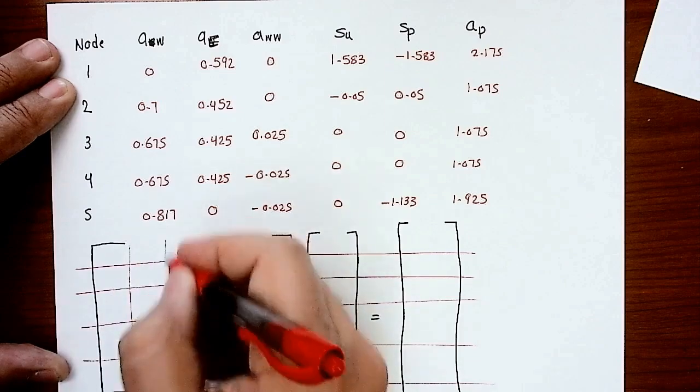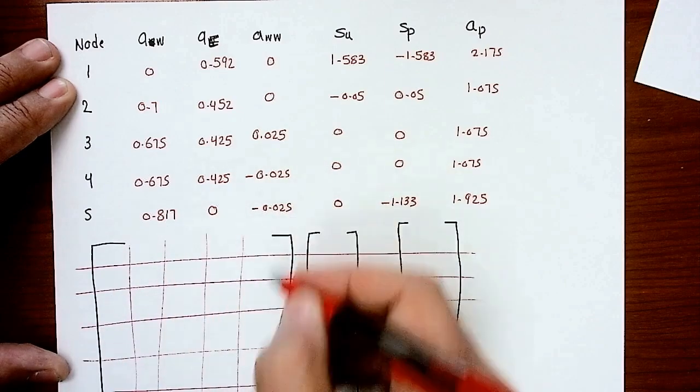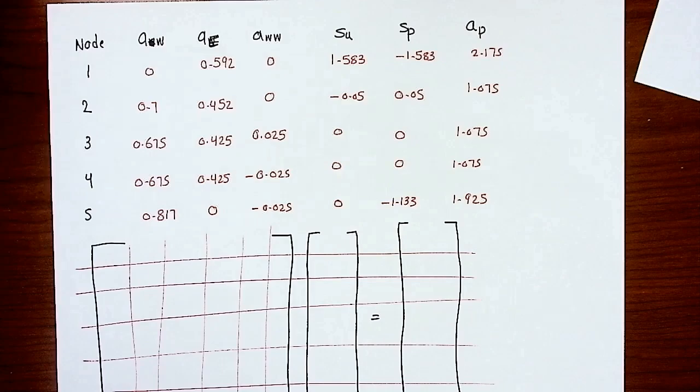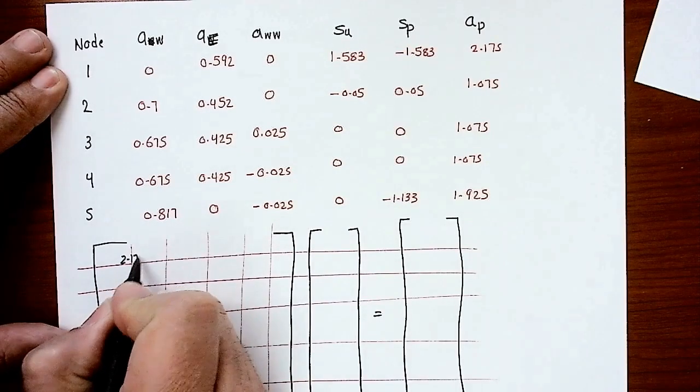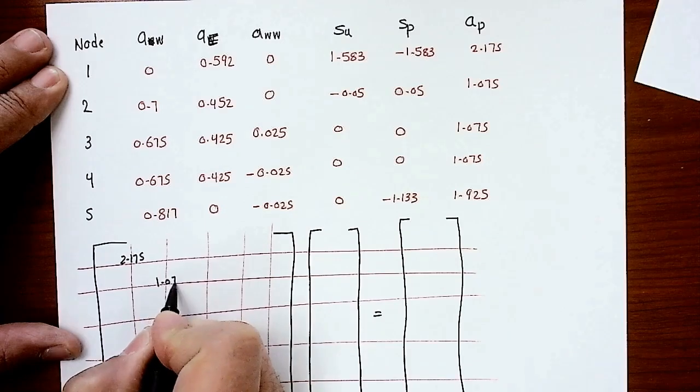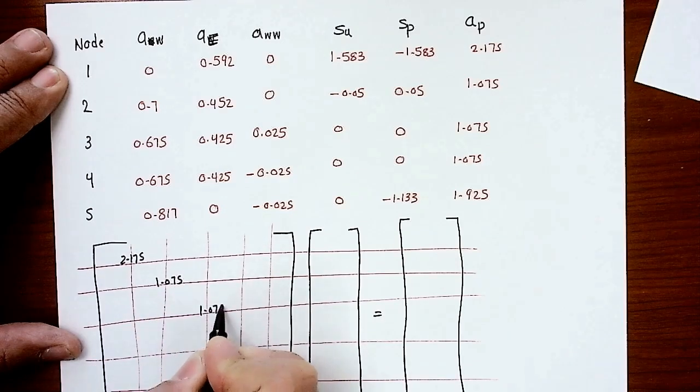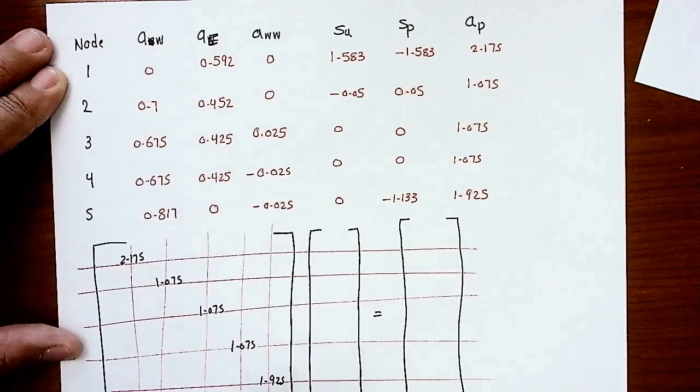Okay. Diagonal is my AP. So that's going to be 2.175, 1.075, 1.075, 1.075, 1.925.